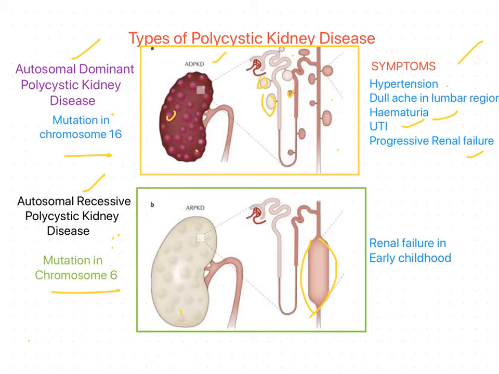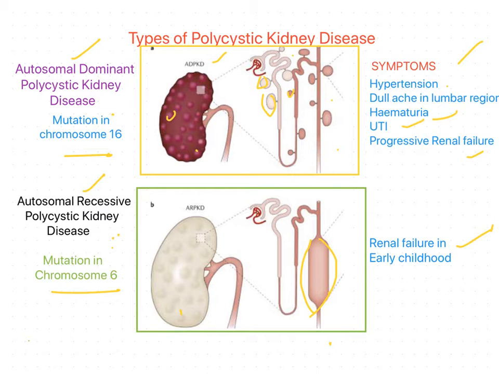This disease can be seen in perinatal, neonatal, infantile or juvenile stages, but frequently serious manifestations are present at birth and result in death from renal failure in early childhood. So this is all about the polycystic kidney.